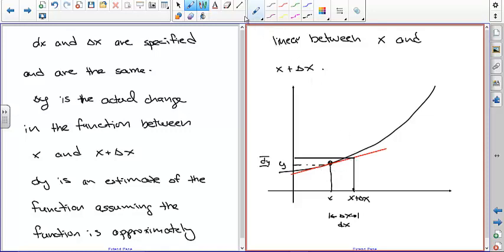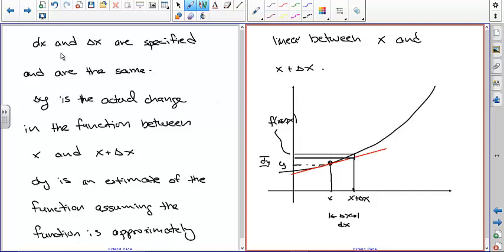If I extend this line a little bit further so that it goes to the function, and I go over here, this right here is going to be f of x plus delta x. It's the actual value of the function. What I'm doing here is approximating what the next value would be, assuming it's linear. So you get a small error.